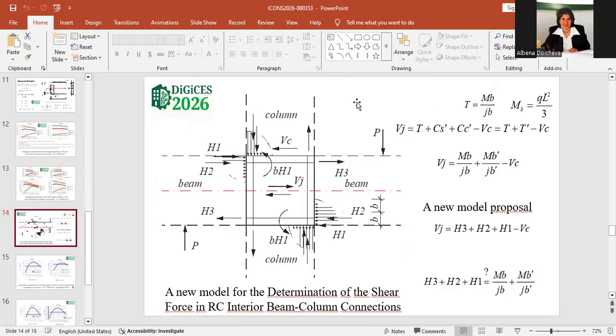And finally, the shear force can be calculated with our new equation. The force is equal to H1 plus H2 plus H3, and we will compare this result with the result from the literature.